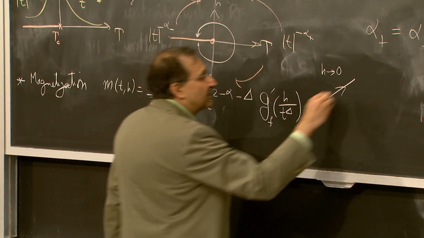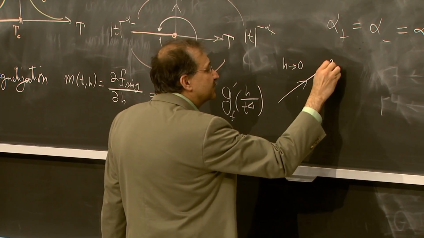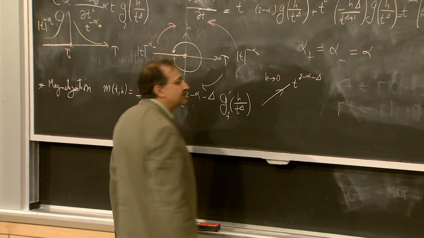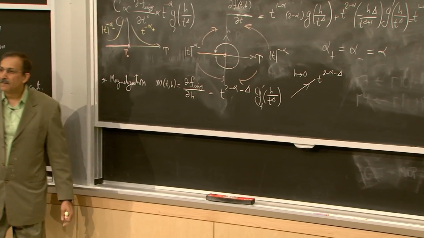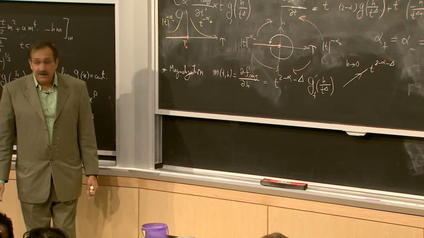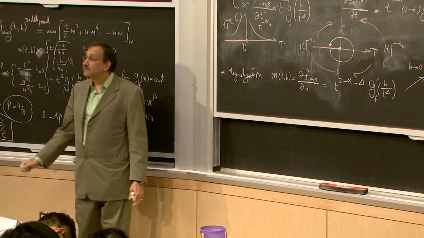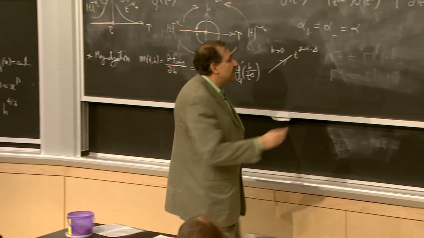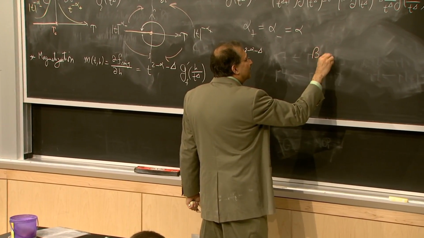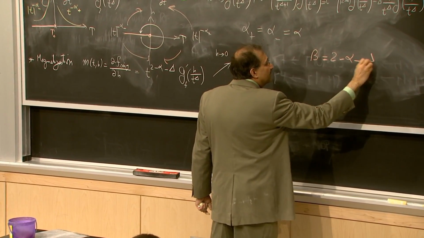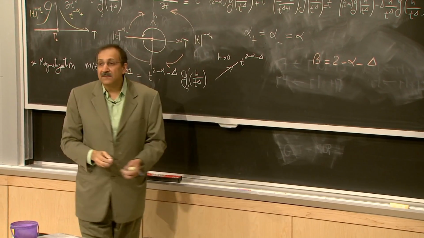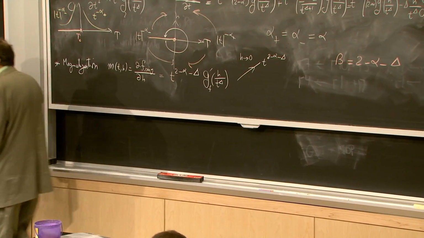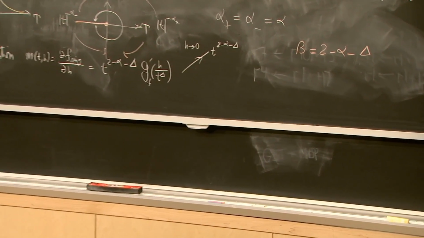So the answer is going to be proportional to t to the 2 minus alpha minus delta. Okay, but that's how our beta was defined. So if I know my beta and alpha, then I can calculate my delta from this exponent identity.